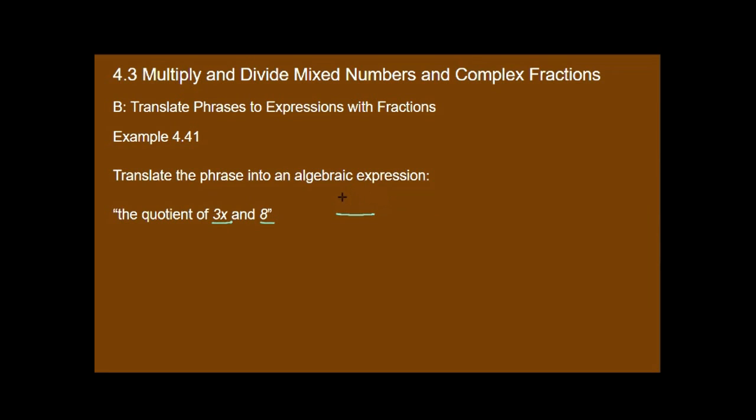Whatever you come to first is going to go on the top. The quotient of 3x and 8. And that's how you translate this phrase into an algebraic expression. So it turns into 3x divided by 8.